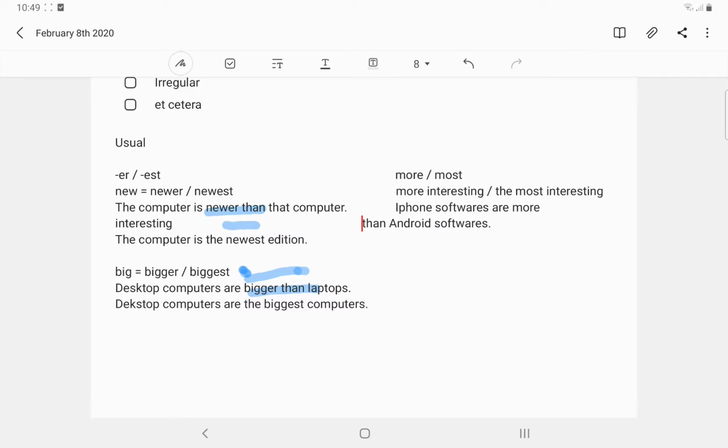So this is what we have. So more interesting.